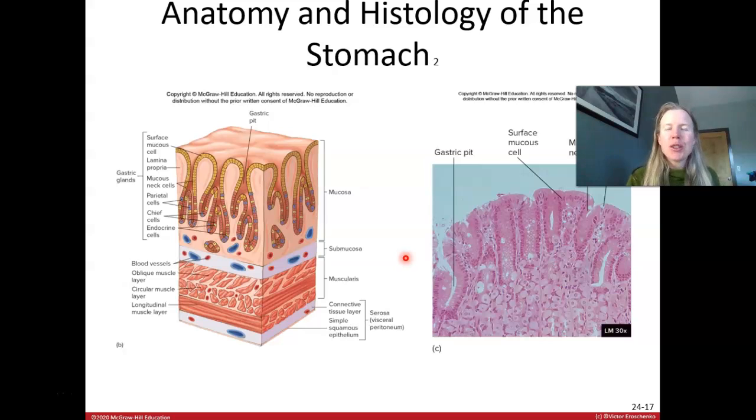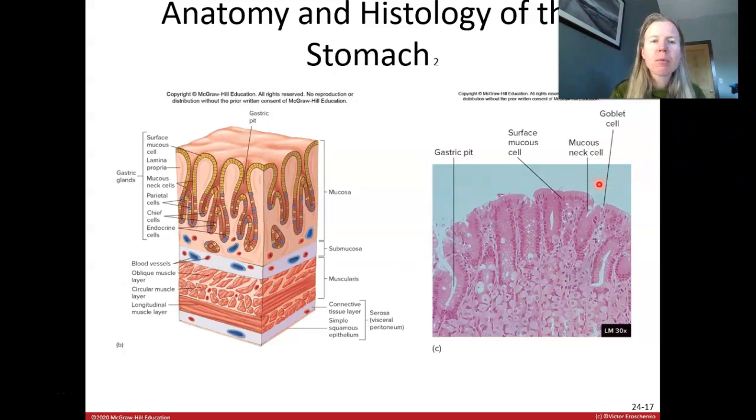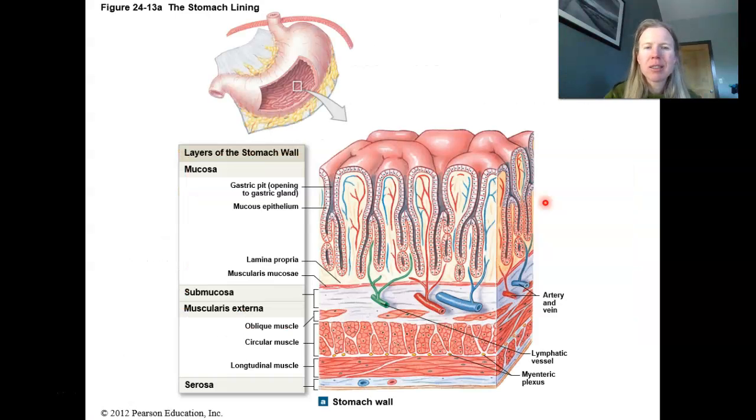Okay, so then histologically here, and we will look at some of this histology in lab as well, what we'll see is that the cells lining the stomach are going to be simple columnar epithelium.